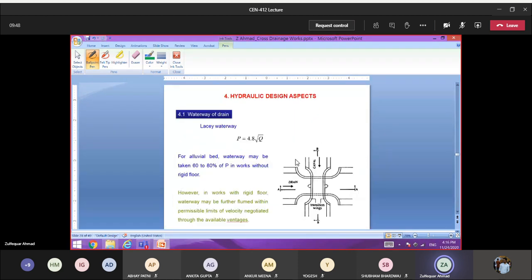Then coming to the next, this is regarding the drain, I mean the river. In the canal also, the cross section of the canal is changed once it is passing over the drain or below the drain. Because let us say you have a lined canal, in that case you have a trapezoidal shape.